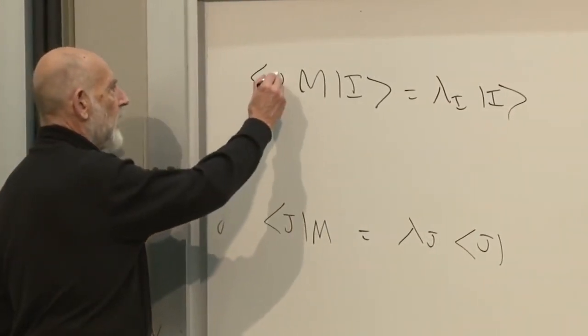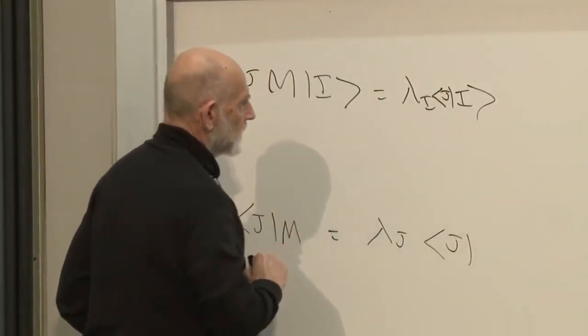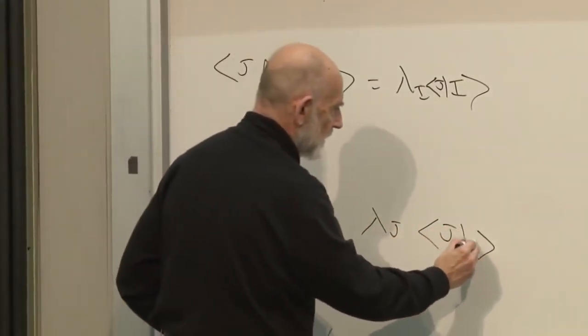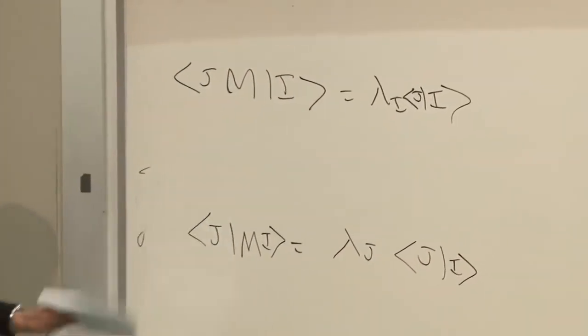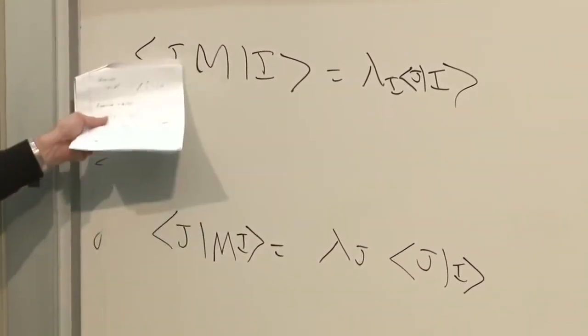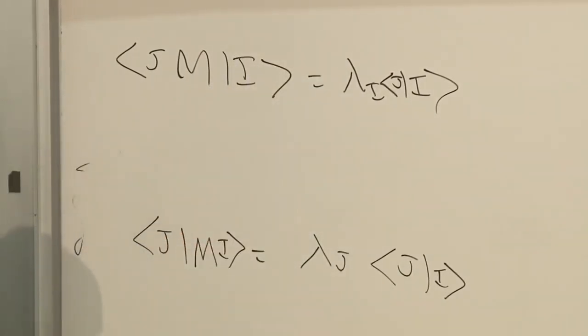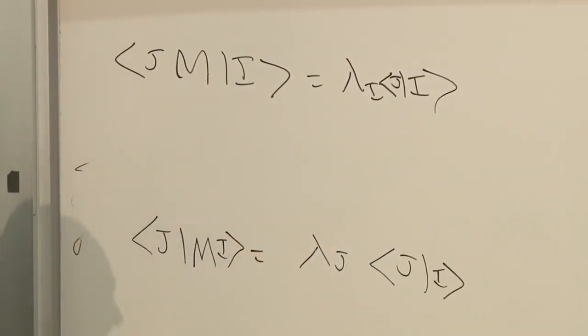So let's do that. J, I. What we have on the left is the same in the upper and lower equation. What we have on the right is not necessarily the same.